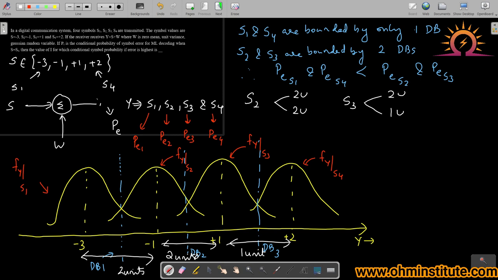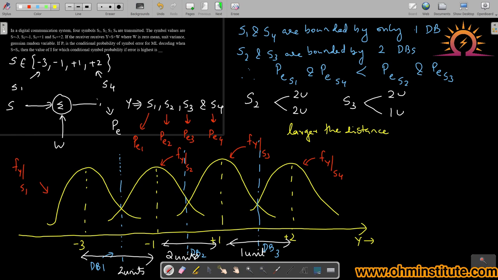Now the important result is, the larger the distance between adjacent signaling points, the lower is the probability of error.